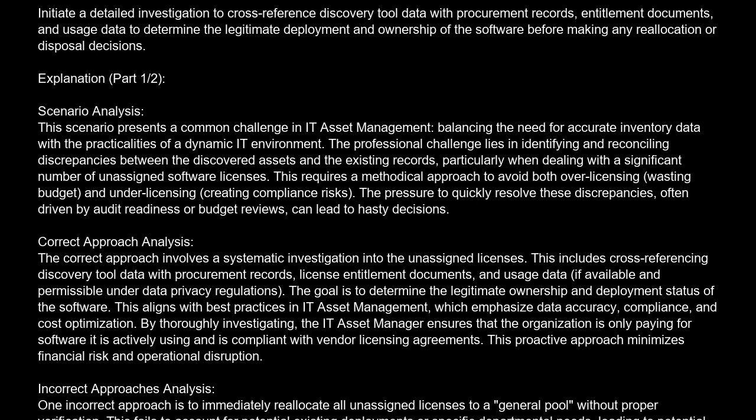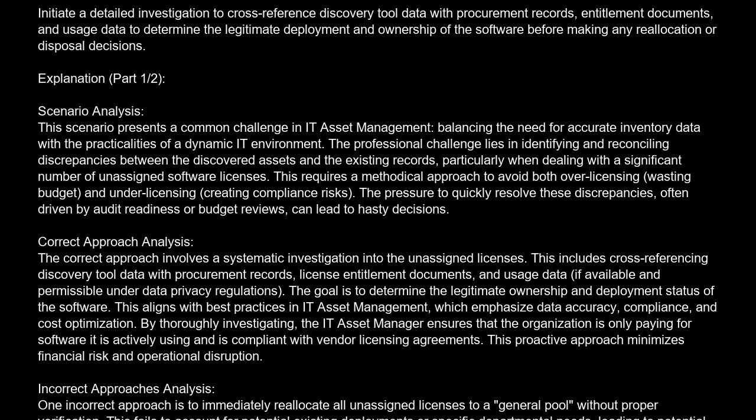This aligns with best practices in IT asset management, which emphasize data accuracy, compliance, and cost optimization. By thoroughly investigating, the IT asset manager ensures that the organization is only paying for software it is actively using and is compliant with vendor licensing agreements. This proactive approach minimizes financial risk and operational disruption.